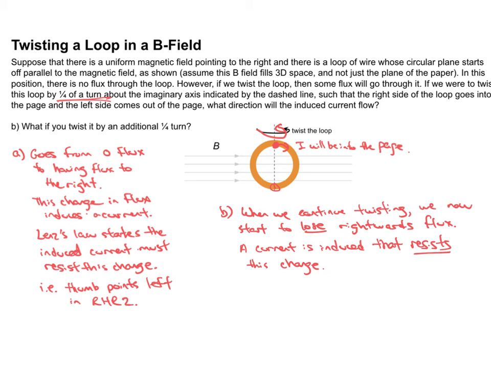So this time, my thumb needs to point right, because I'm losing flux, to resist that means I want to try to put some back, going towards the right. And the current will be in the opposite direction as it was in part A.